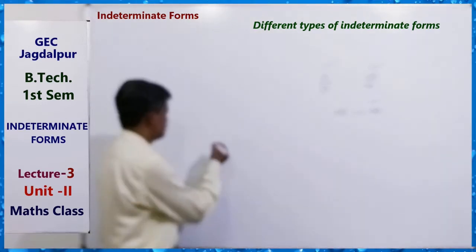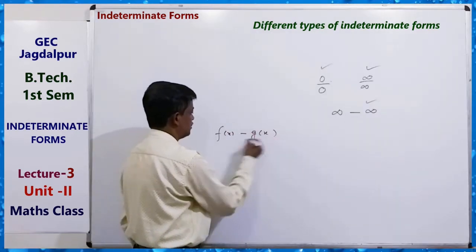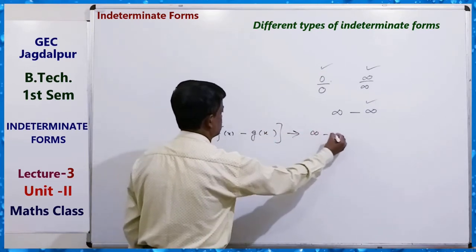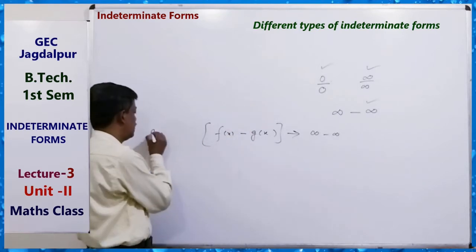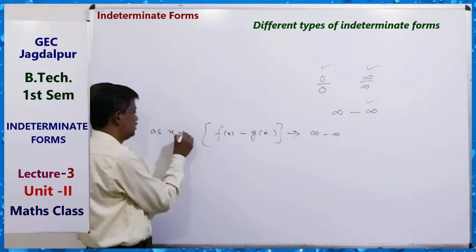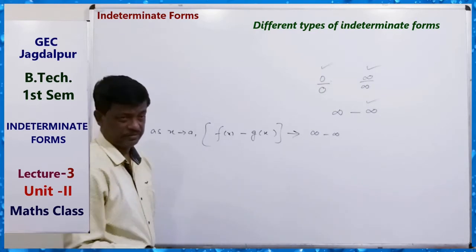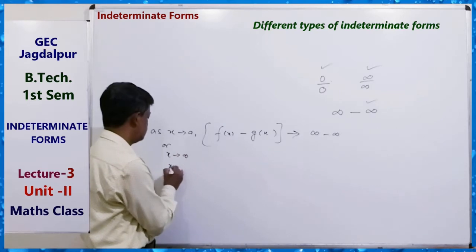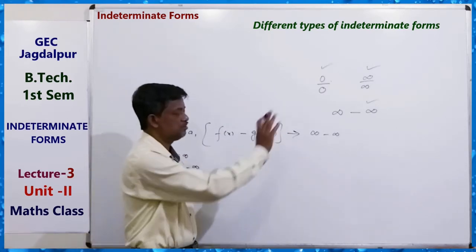That is, suppose f(x) minus g(x) tending to infinity minus infinity. That means f(x) tending to infinity, g(x) tending to infinity, as x tending to a, or x tending to maybe infinity, maybe minus infinity. Just f(x) tending to infinity, g(x) tending to infinity. This is the infinity minus infinity form.